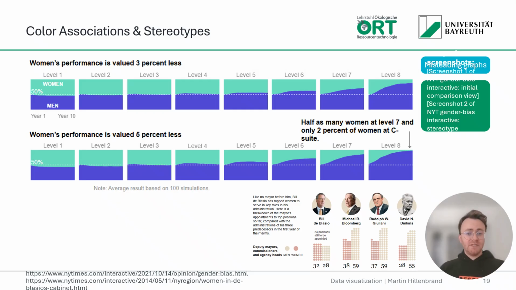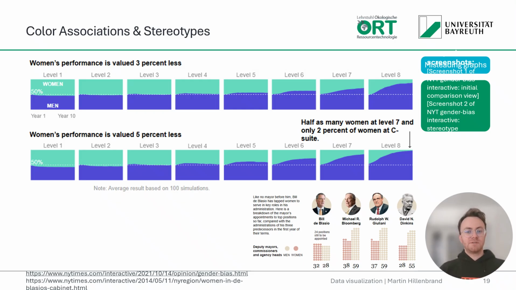And you can now look at the two representations here from the New York Times, which are doing it in a very nice way, in my opinion. They are using different colors for the different genders. In one representation, you still see a woman's performance is valued 3% less. So this is the development of who gets a promotion and who doesn't, based on gender.